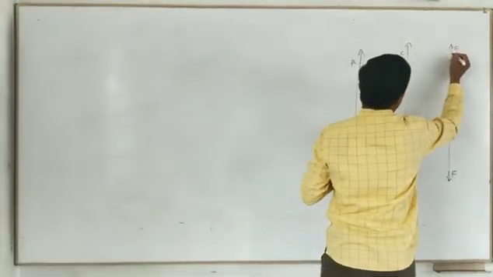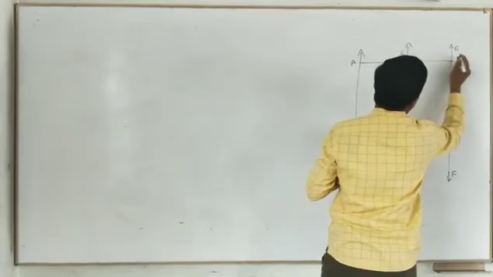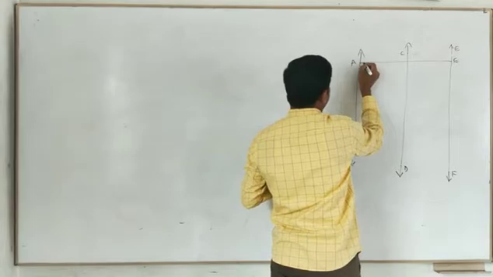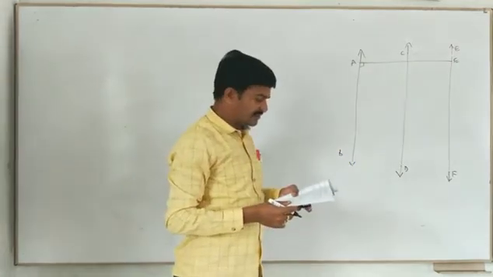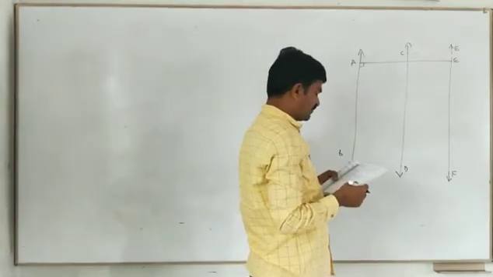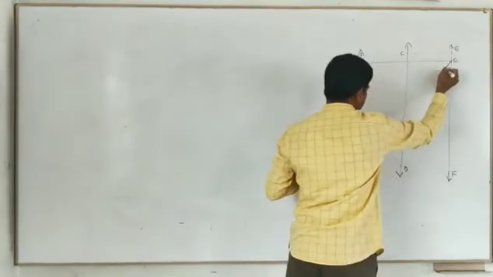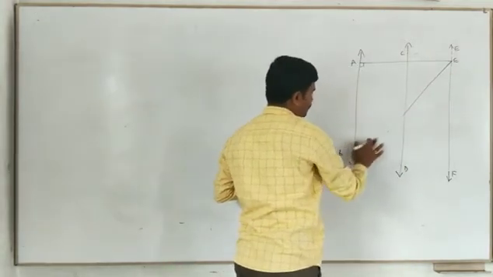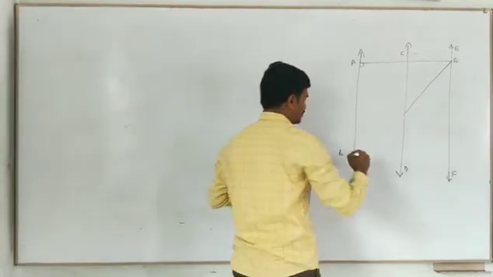From this E, he has joined to this A. This is perpendicular, it is given. Are you clear? And he has also joined this EB. Don't join with a free hand. By using a scale you have to join.